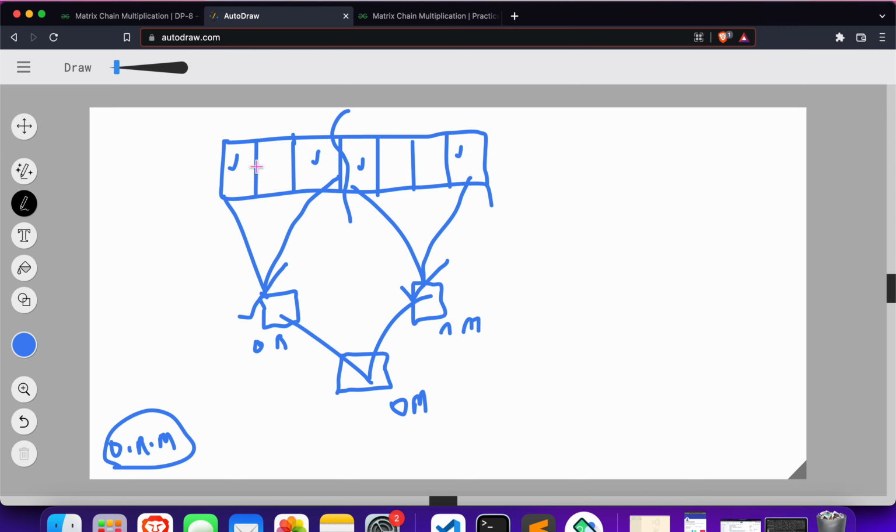Because O cross N is here and N cross P is here, then we will get O cross P. And similarly when we combine here, O cross P and suppose P cross M, so we will get O cross M, right? So that's what I'm saying. So this is O×N and N×M.